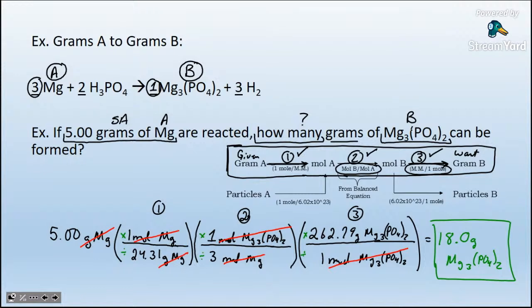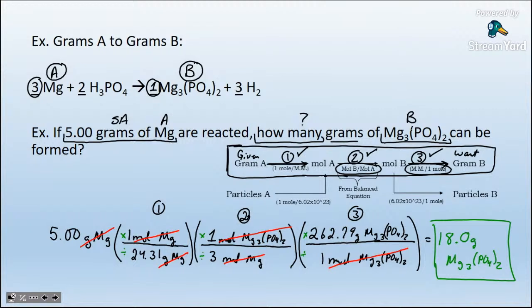So here's where I want to point out why stoichiometry is so important. If I go into the lab with 5 grams of magnesium and I have what we call excess phosphoric acid, where I'm going to use up all of my magnesium, all 5 grams, I know that I should be able to produce 18 grams of that magnesium phosphate.